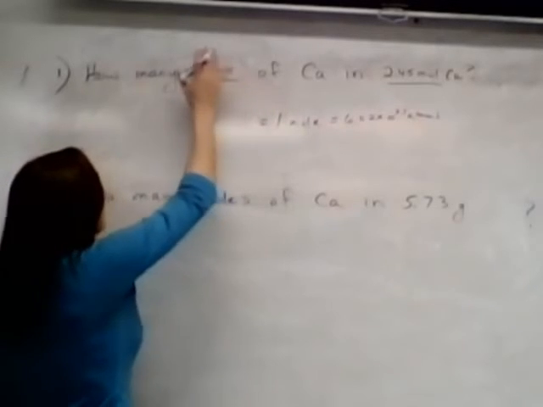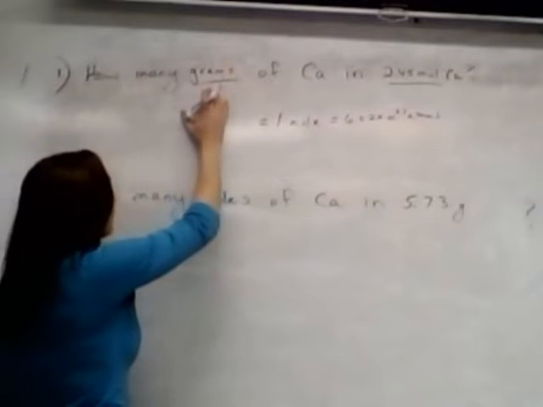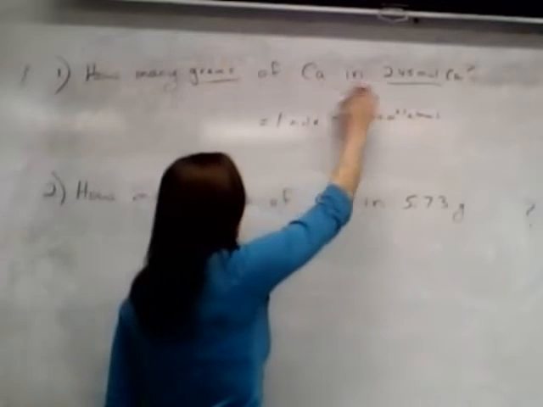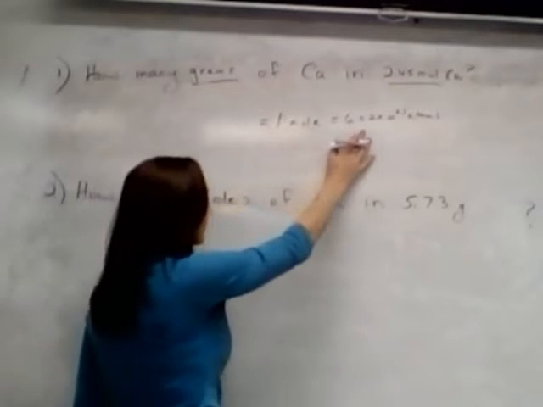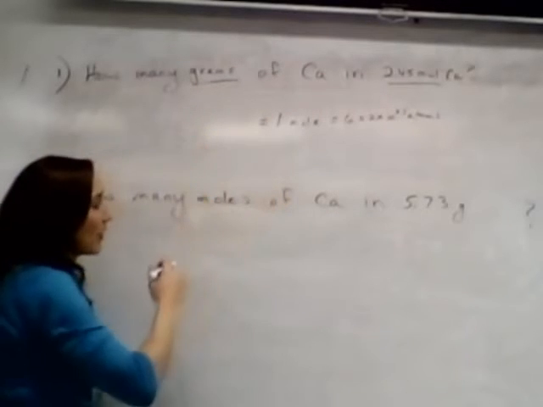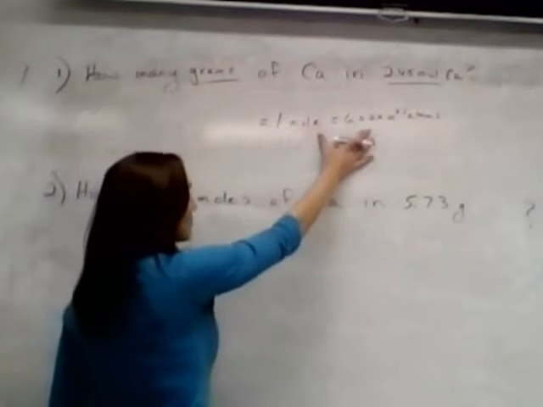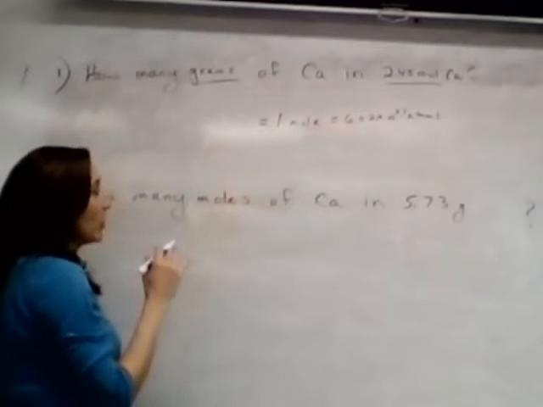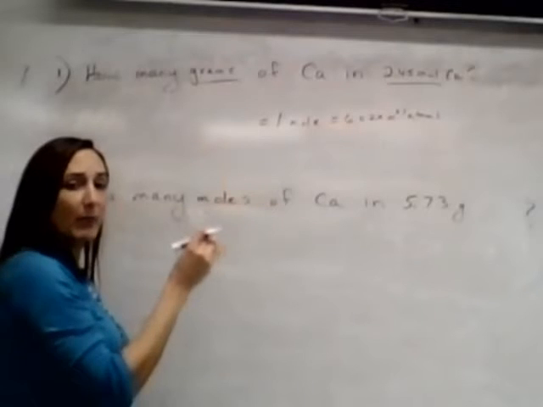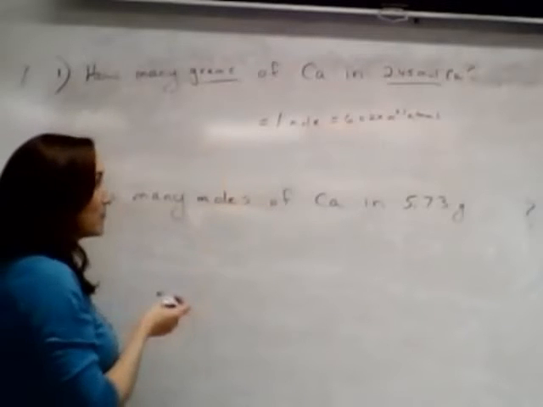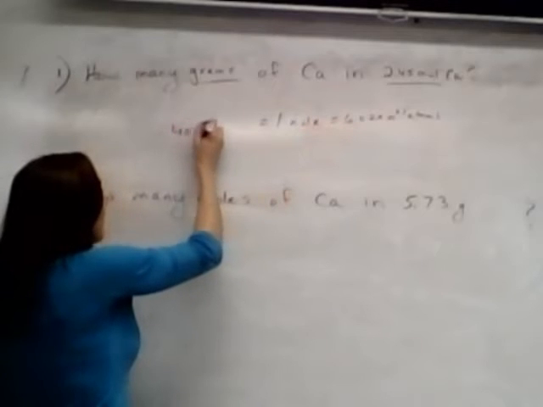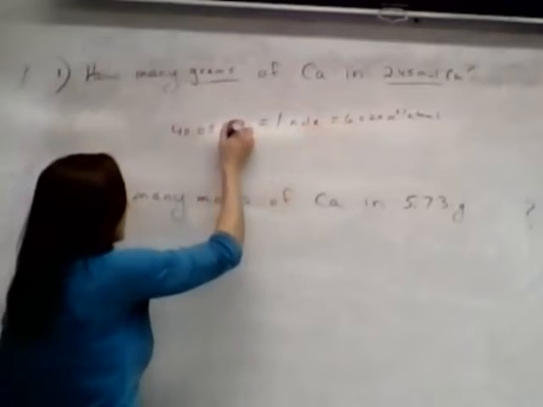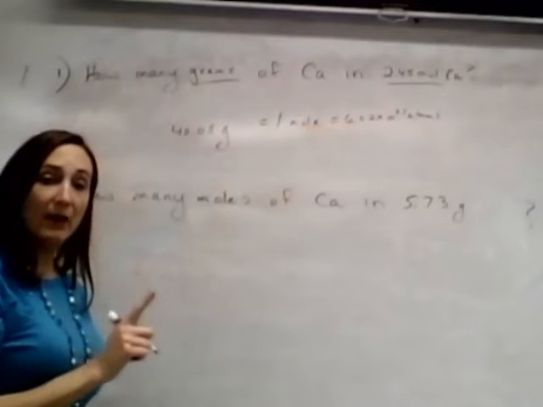So in this particular problem, we're converting from moles to grams. So I need not Avogadro's number. Notice atoms doesn't appear anywhere in this problem. Instead of Avogadro's number, I need the other side of the mole definition, which relates to that particular substance that you have the atoms of. So I know from the periodic table that there's a relative mass of 40.08 AMU for 1 atom of calcium.